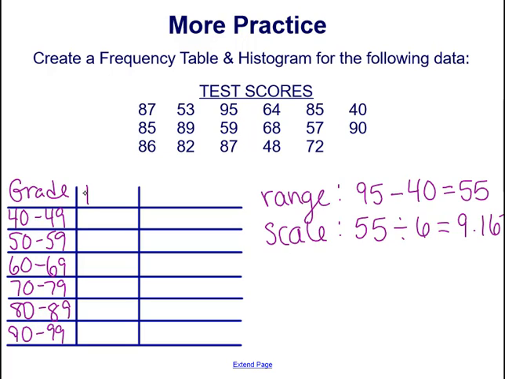Then we have to tally how many data points, how many test scores happen within those intervals so we can create our frequencies. So we're going to go through each data point and tally up how many data points happen between 40 to 49, how many happen between 50 to 59, and so on, and then we'll count up our tallies to make the frequency column.